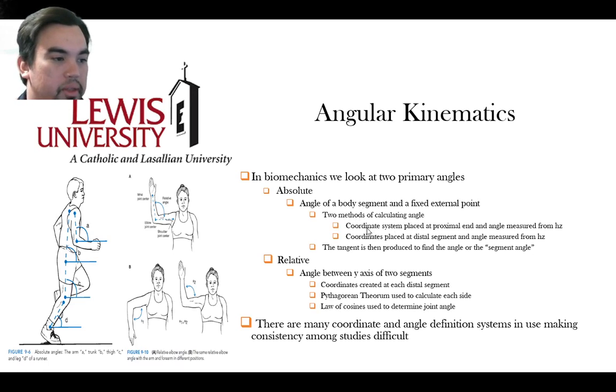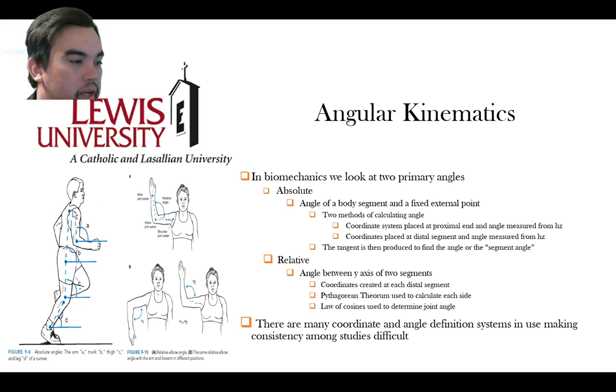There's two methods of calculating this. Typically they place a coordinate system at the proximal end, the close end, and measure from the horizontal, or they put it at the distal end and measure from the horizontal. Then they produce a tangent to find the segment angle.